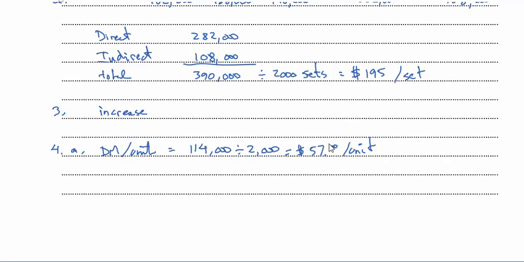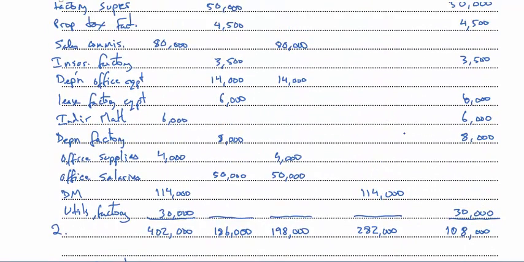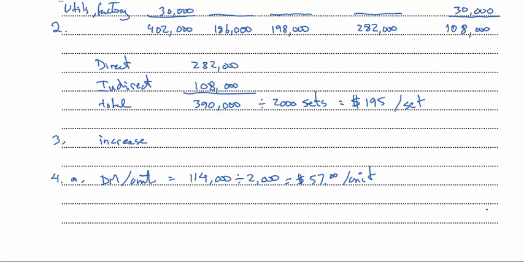The president has looked at all the direct and indirect costs, right? The 282,000 and the 108,000 divided by the production and so on, and comes up with this $195 per set cost.